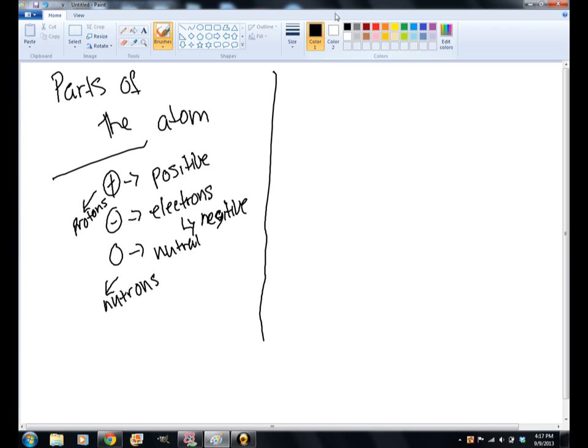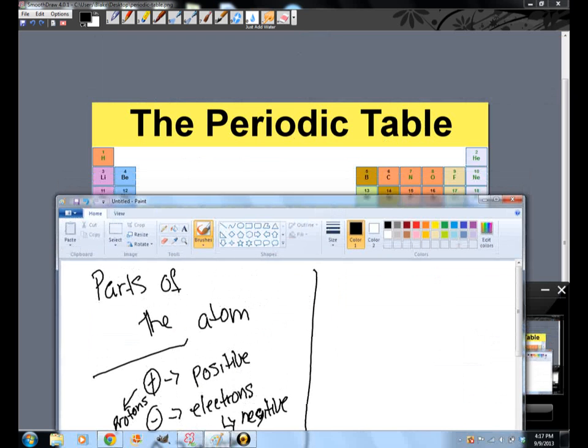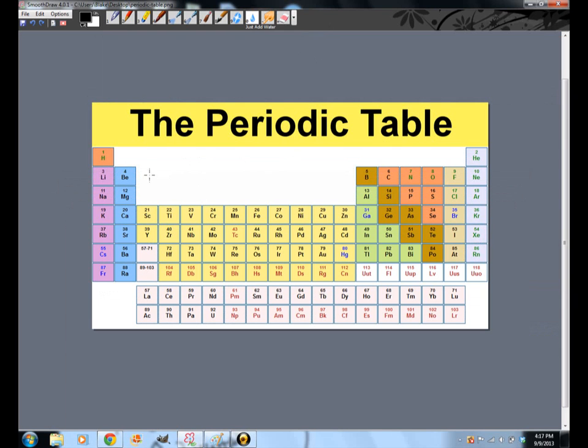So we're going to go ahead and pull the periodic table. Like lithium.